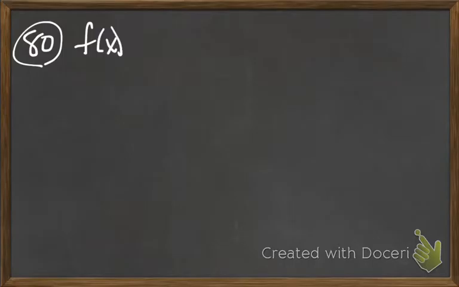So on number 80, they're still asking you to find the domain. If you wanted to put this equation in a grapher or a graphing calculator, you could. But we can just use algebra to find the domain. And by the way, LN stands for, y'all remember?